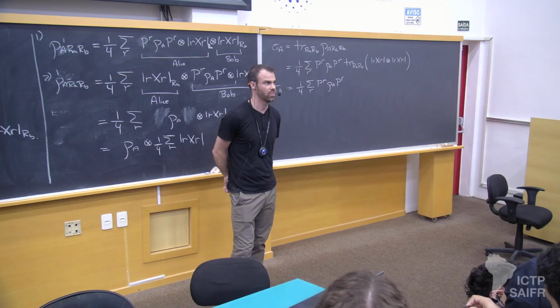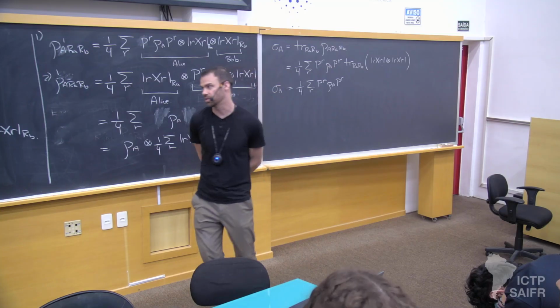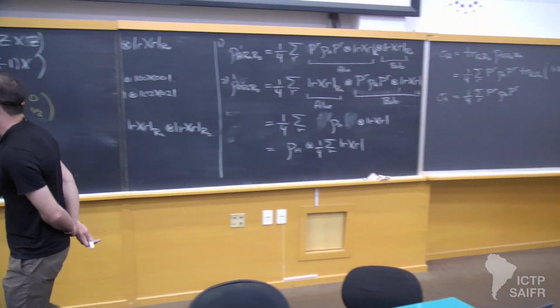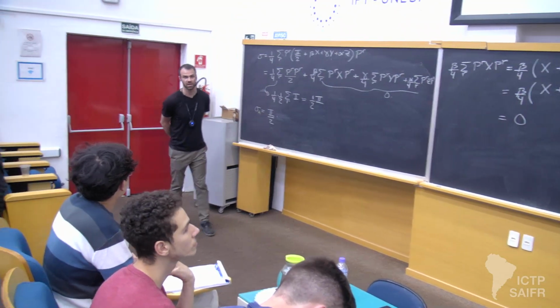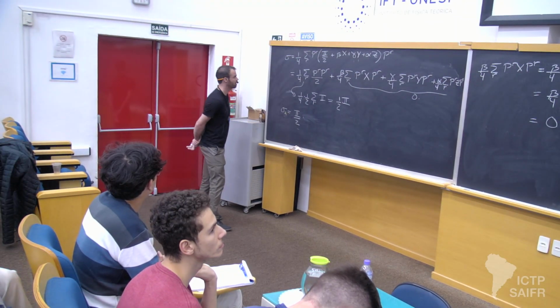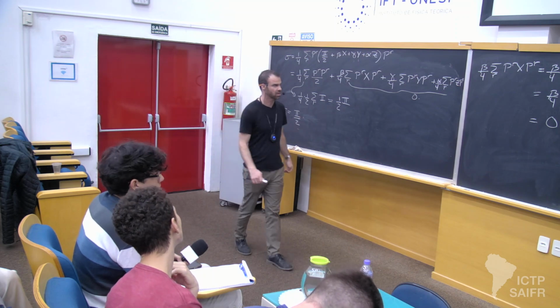Is there any difference if we use more qubits? If we use more qubits for the message, you're suggesting, we could have taken A to be 5 qubits or something.